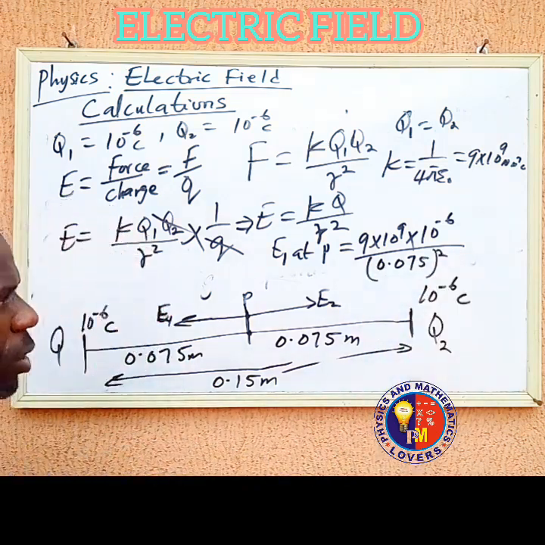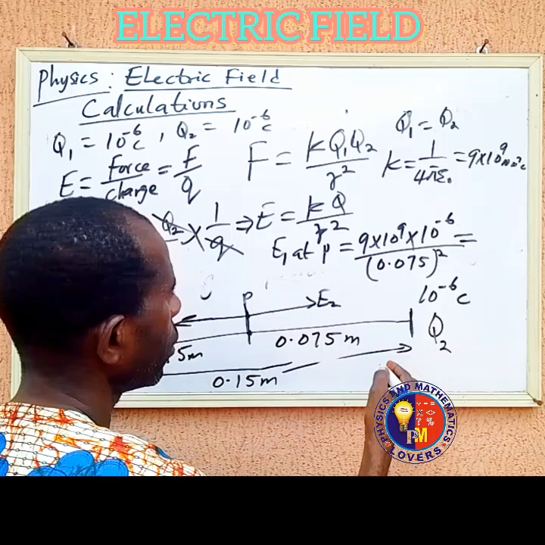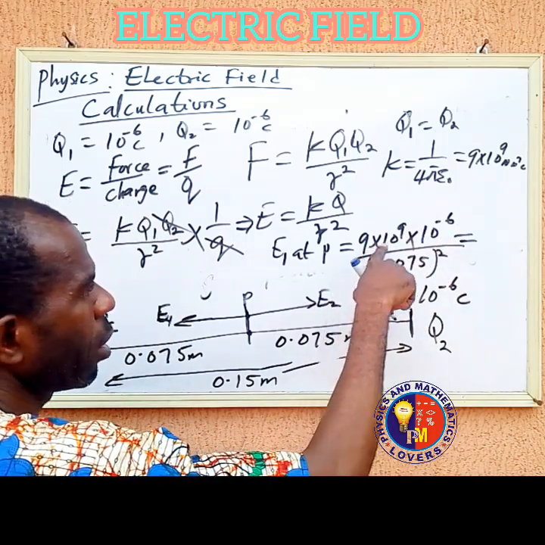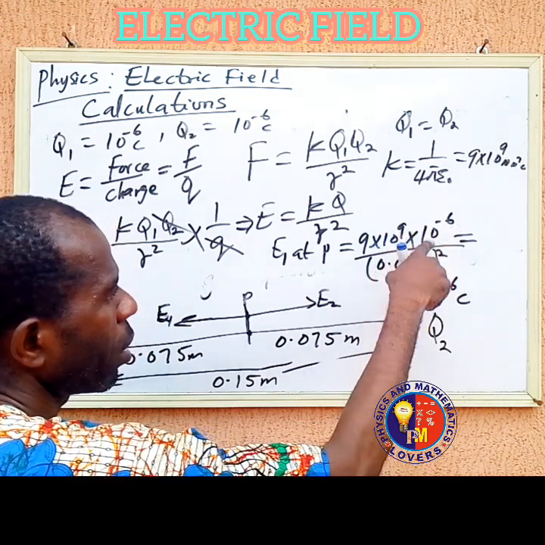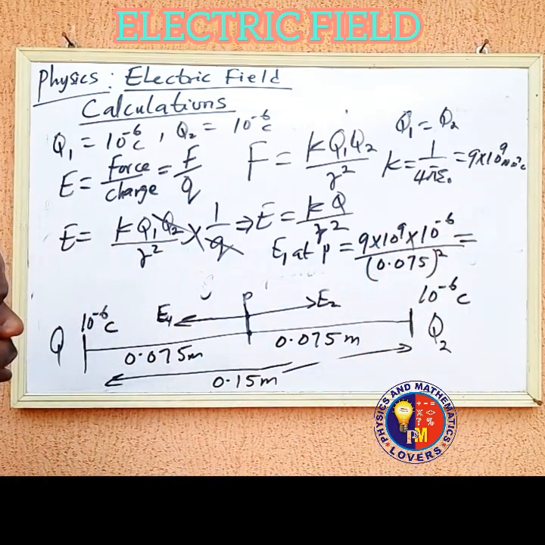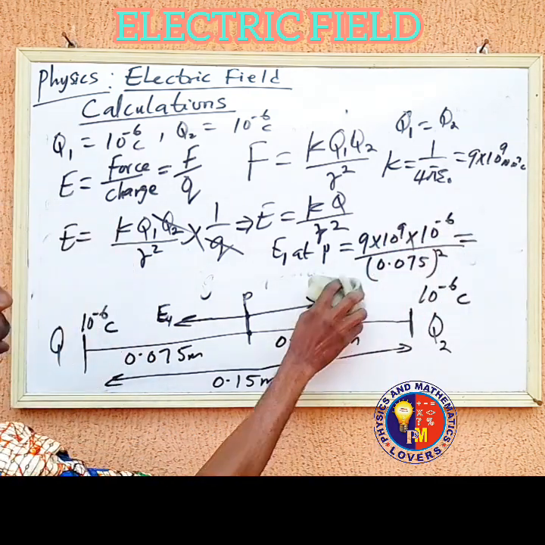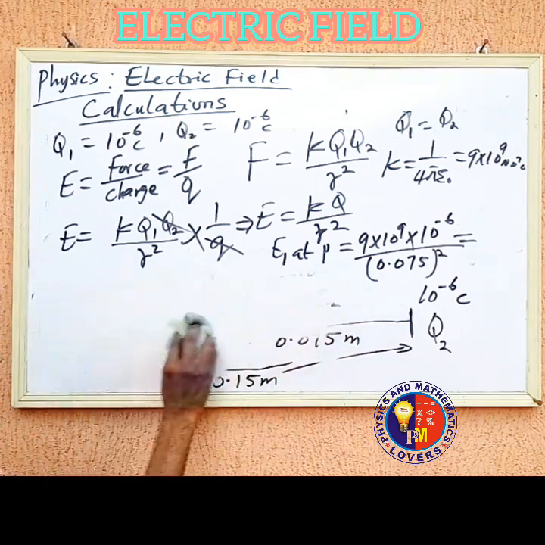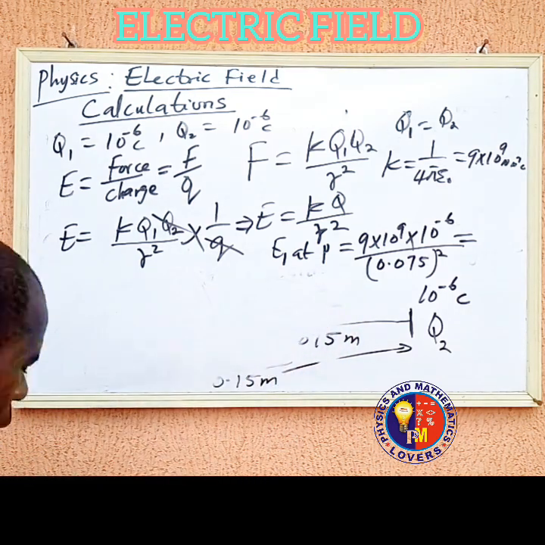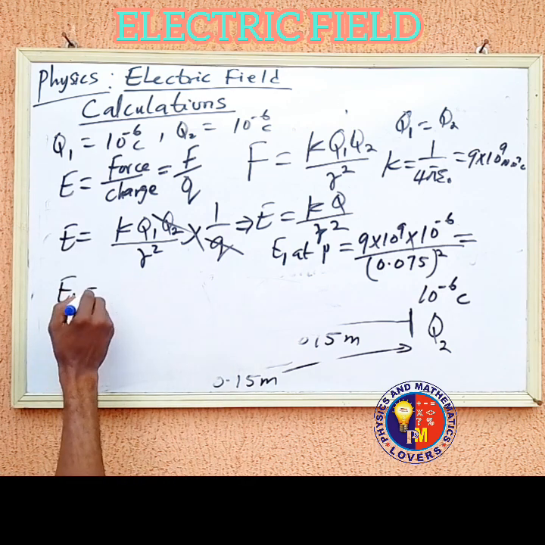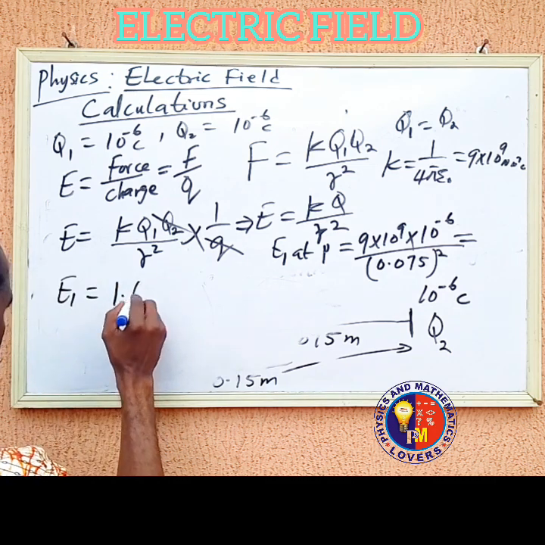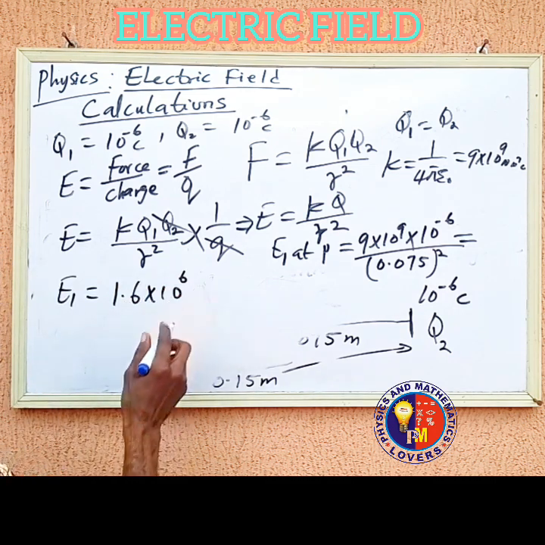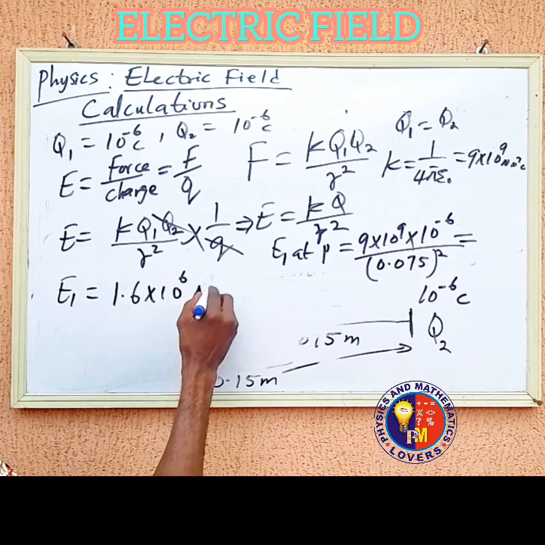What I want you to do now is use your calculator, punch it out, and evaluate to get the answer straight. After doing that, you are going to have E1 equal to 1.6 times 10 raised to the power 6 Newton per coulomb.